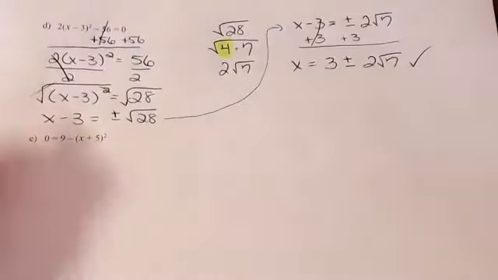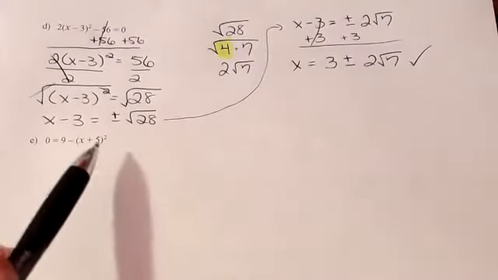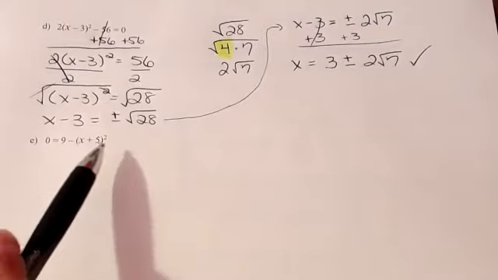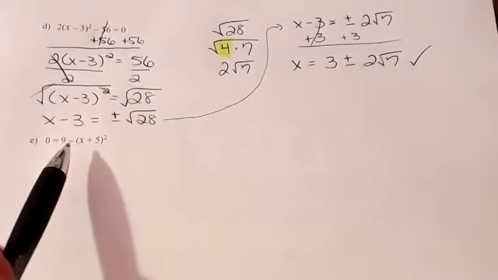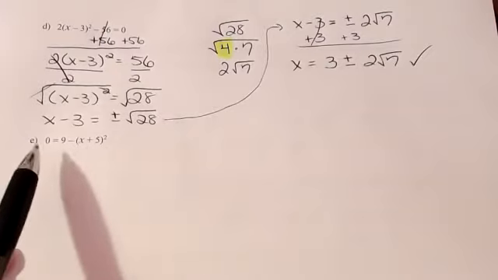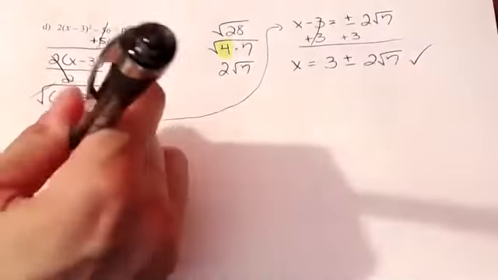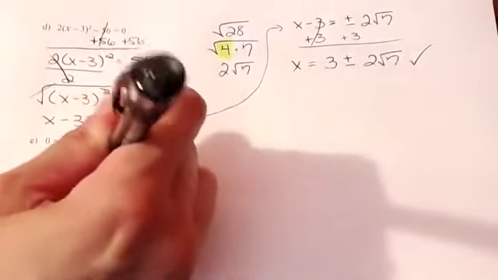For our last problem, notice that we have 0 is equal to 9 minus x plus 5 squared. What I would do if I were you is I would notice that I can add this squared term and bring it over to the left. If I add this squared term and bring it over to the left, then it becomes positive, which is really nice.